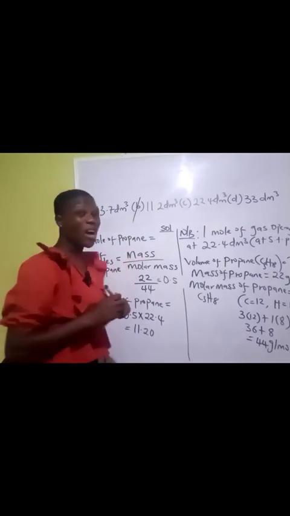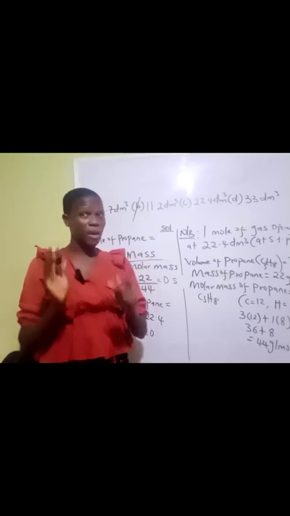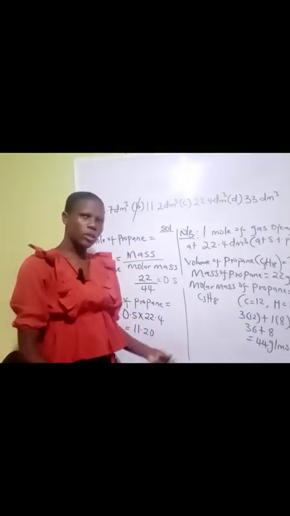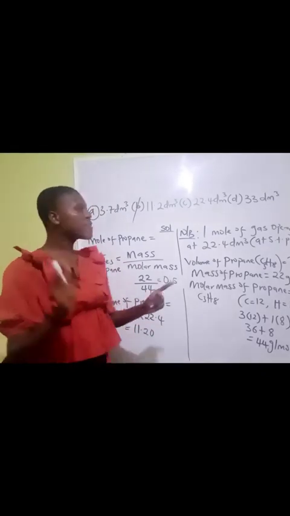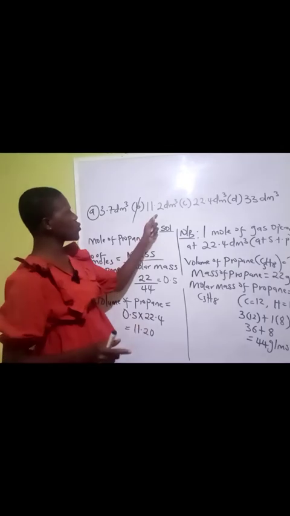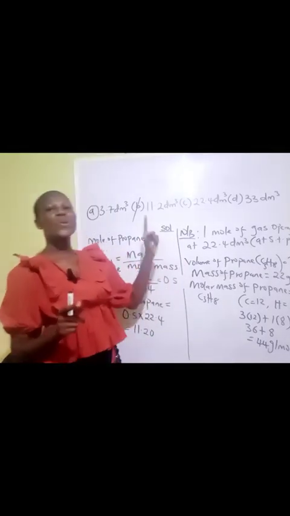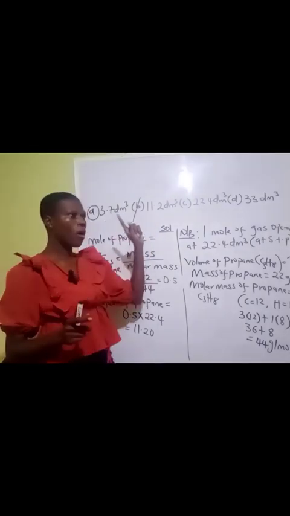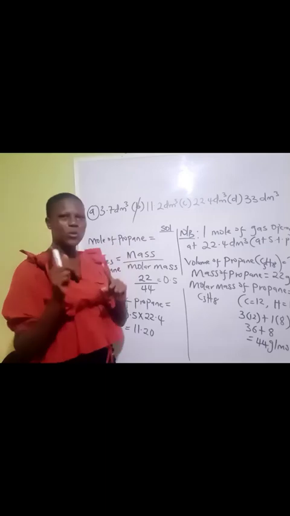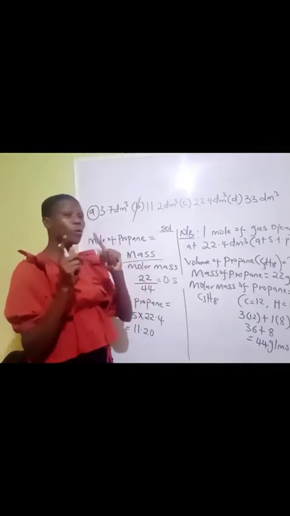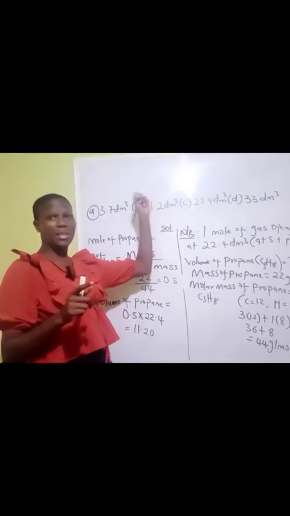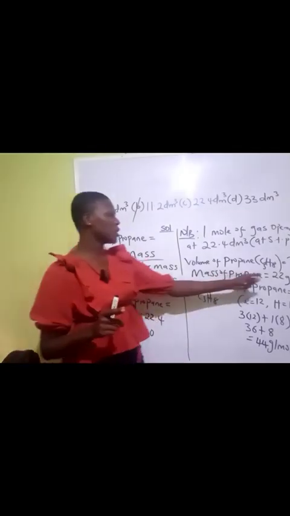11.2 dm cube. Now if you want to verify this, maybe during your personal study time, you can find out if this 11.2 applies to all the compounds mentioned. They mentioned methane there. You use the same process to solve and see if it's the same thing. You look for the mass of methane, which was given as 8 grams.